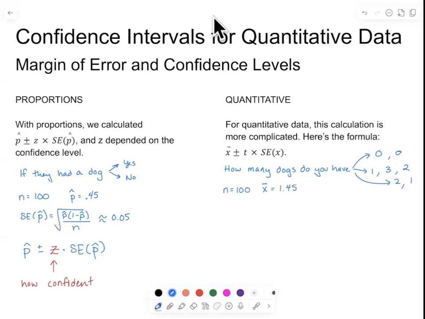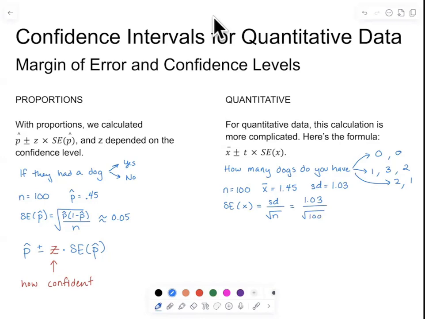Now, we could figure out the standard error of x bar, which is given by the standard deviation of our sample divided by the square root of n. Let's say I put these numbers into my calculator and I'm told that the standard deviation is 1.03. Then I would have 1.03 over the square root of 100 for my standard error.